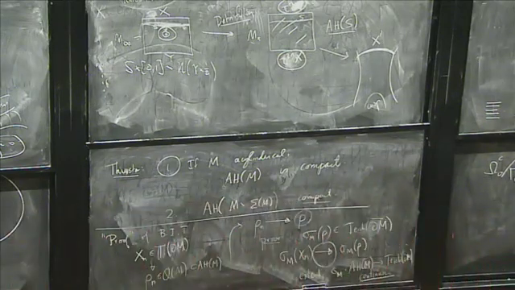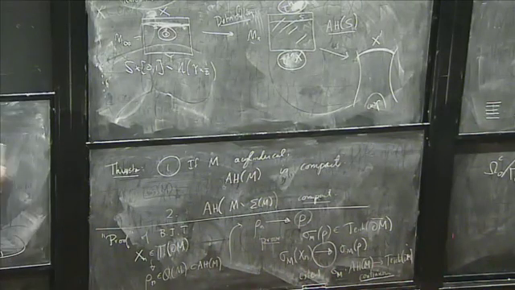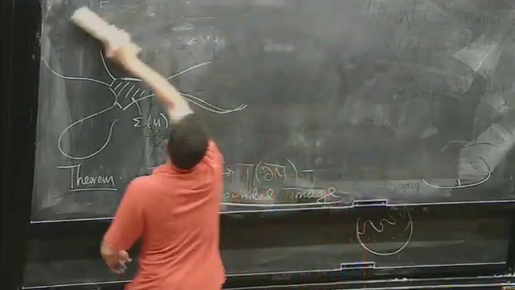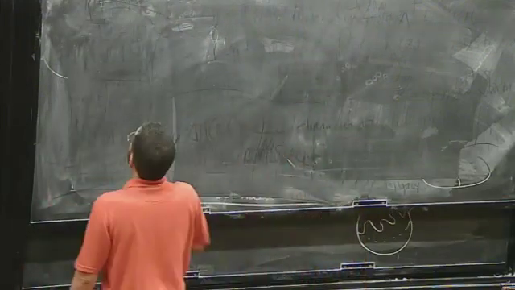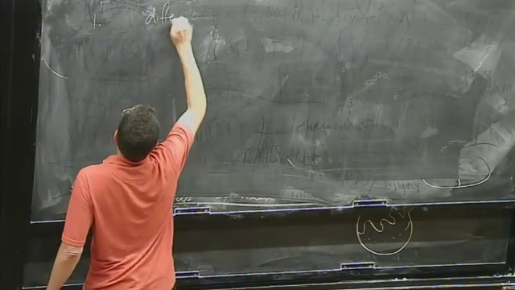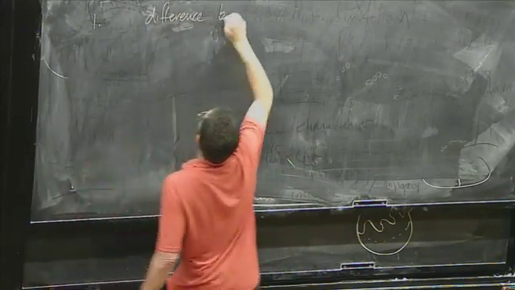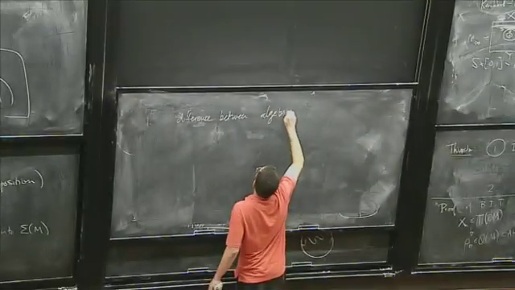So, actually, maybe I'll draw this here. So, the issue is a combination of two points. One is the difference between algebraic and geometric limits.